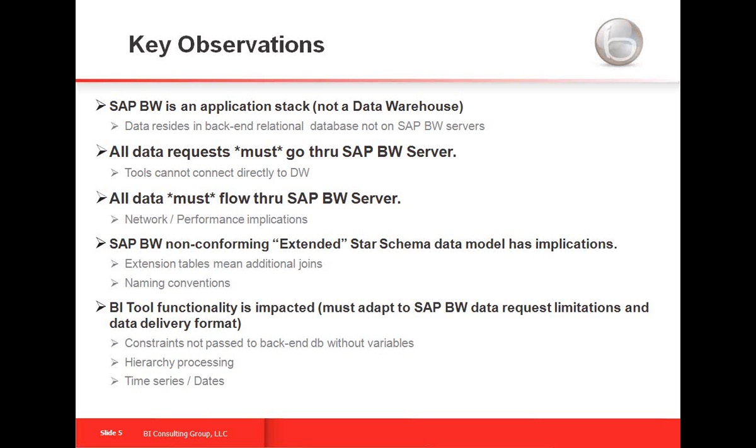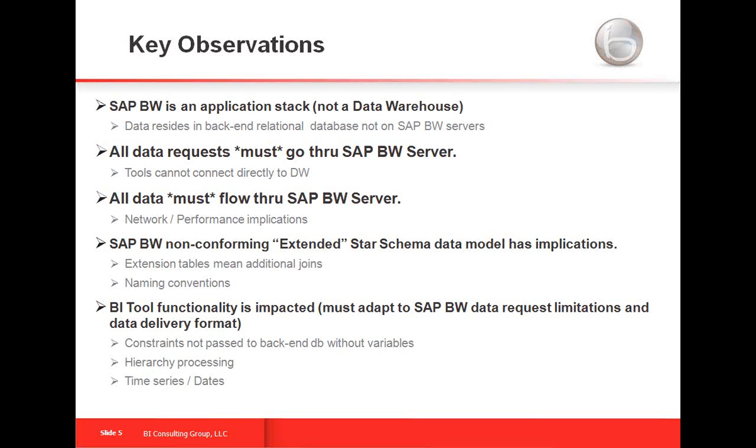What this also means is that the BI tool functionality is impacted by that. All right, every tool, not just OBIEE, must adapt to their specific SAP BW data request limitations as well as the delivery format. What I mean by that is there's a number of things. I've only listed 3 for time purposes.